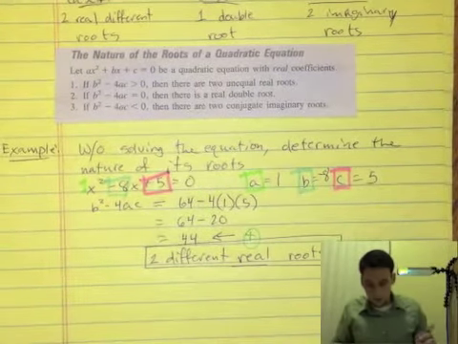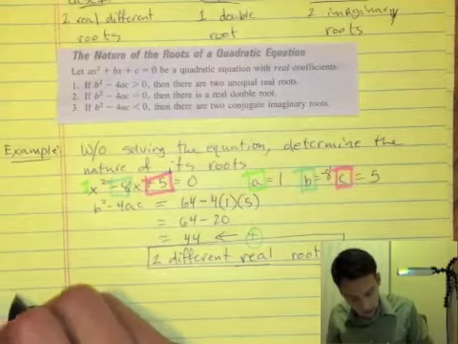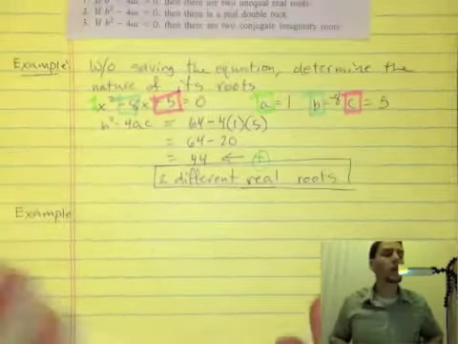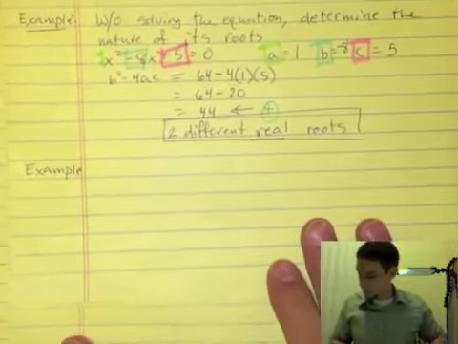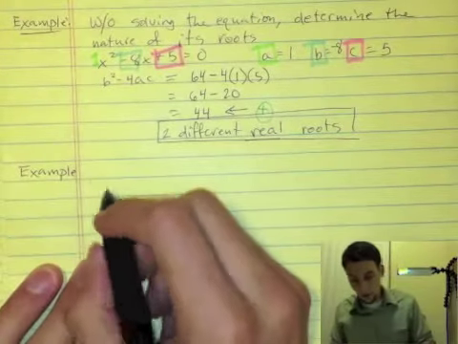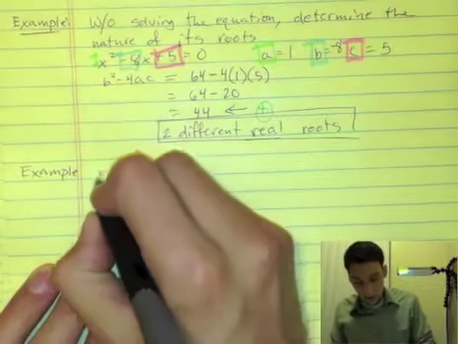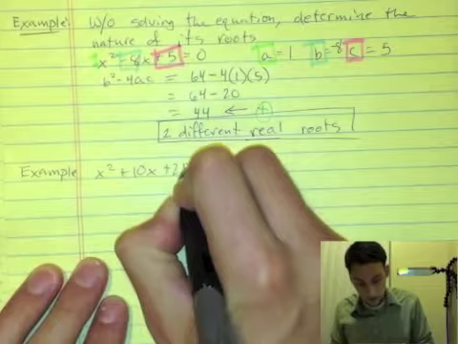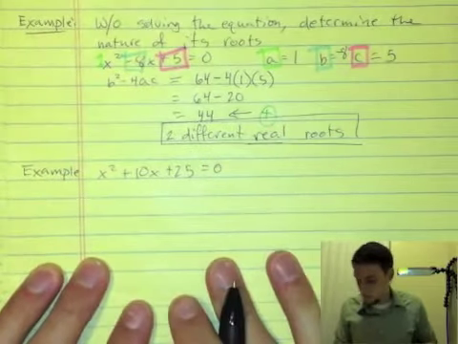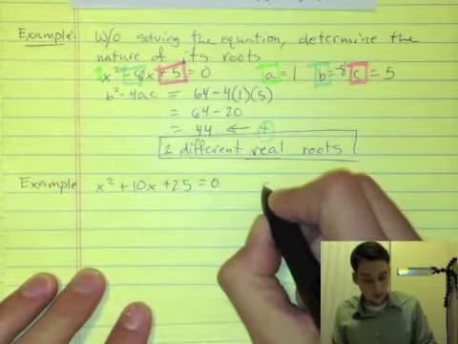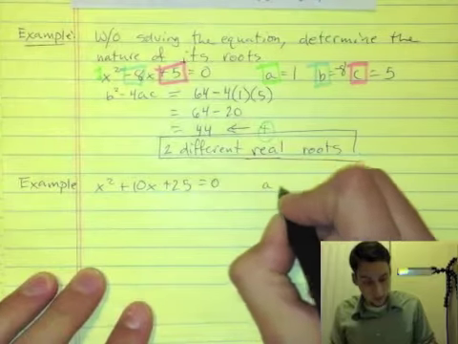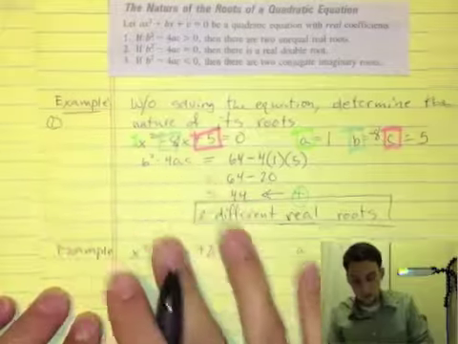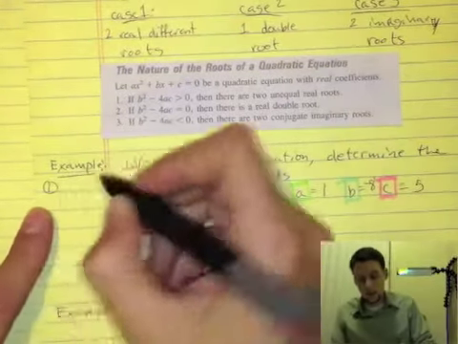Another example. Just as easy. Same directions: without solving the equation, determine the nature of the roots. x squared plus 10x plus 25 equals 0. First, find a, b, and c. So let's actually write these steps down. Step 1, get into standard form.